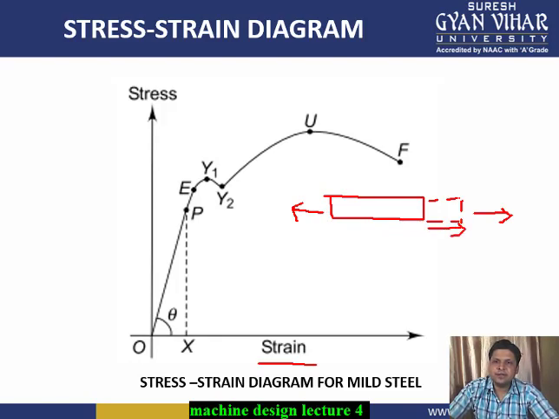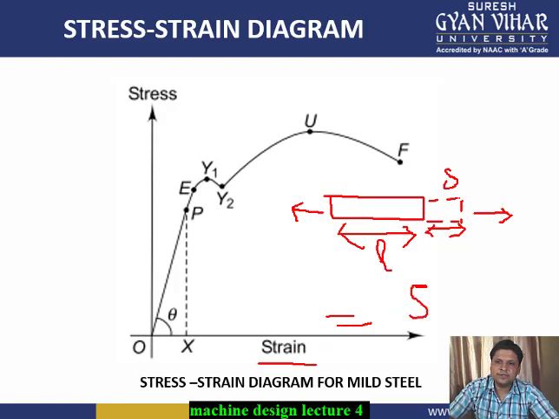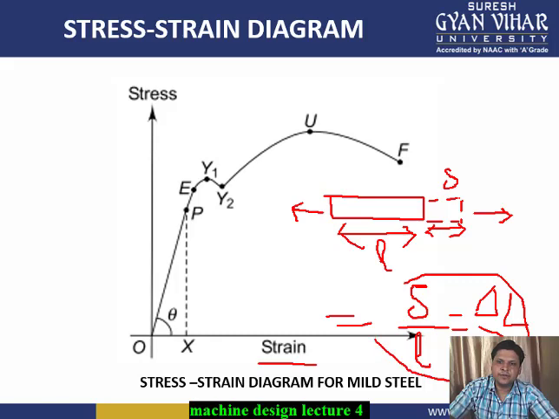So this increase in length, if you denote it by del L, upon the original length L, will give you the value of strain. So strain is equal to change in length upon original length, that is del L by L.